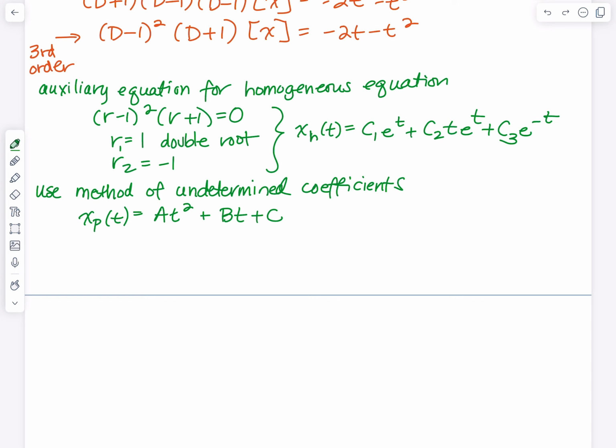We have (r minus 1) squared multiplied by (r plus 1).